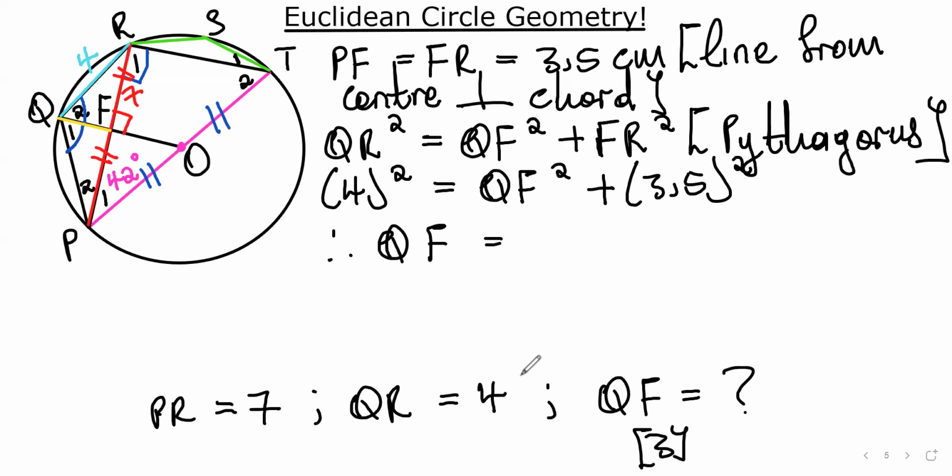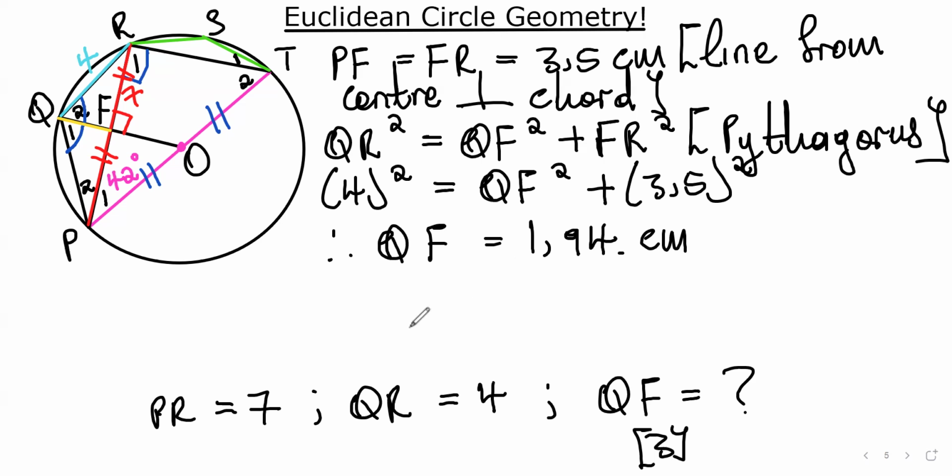So I go to my nice calculator and I say it's the square root of 4 squared minus 3.5 squared. And here we are really going to get a decimal. So we'll just write it to 2 decimal places, and it's going to be 1.94 centimeters.